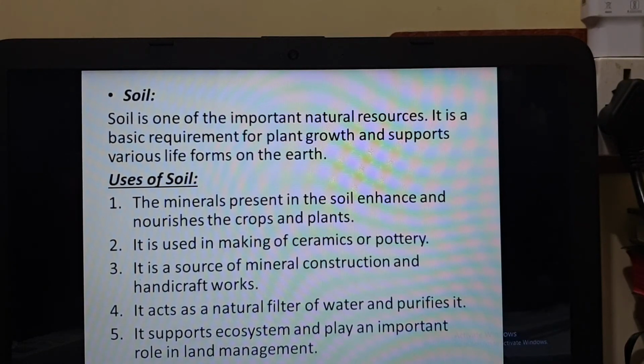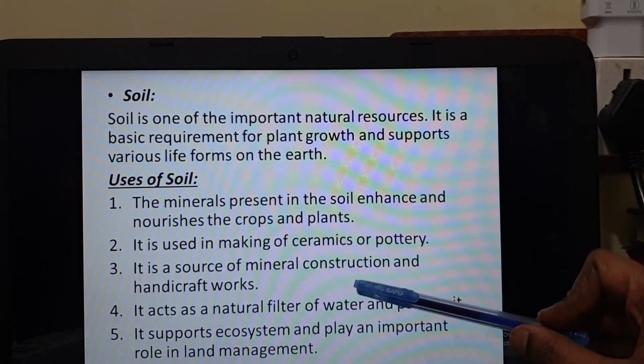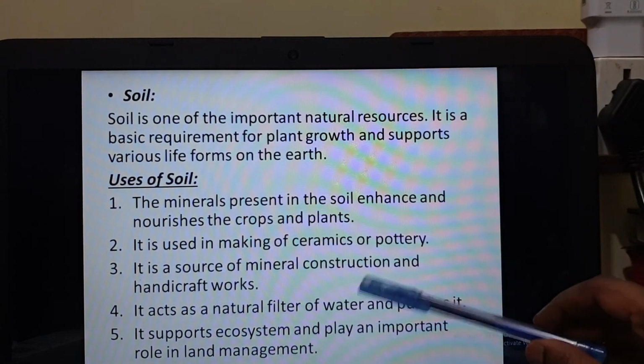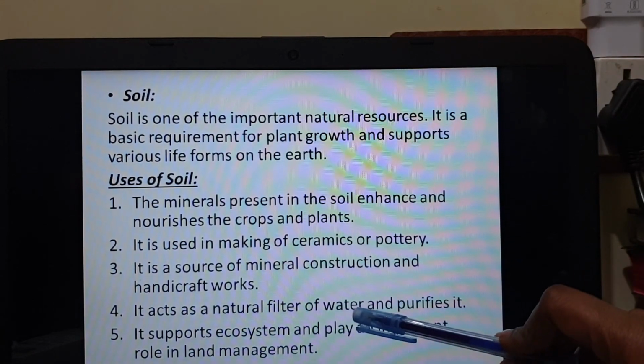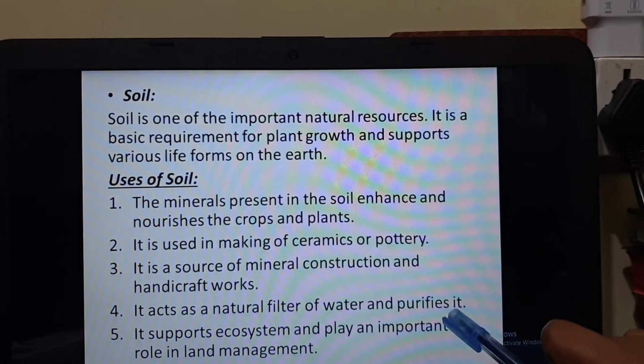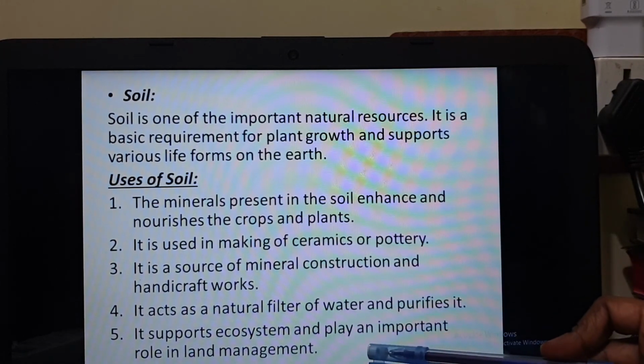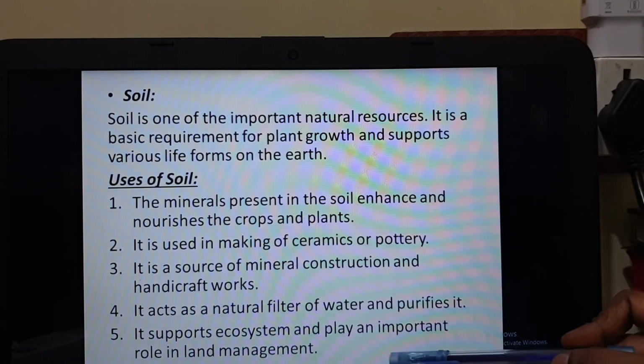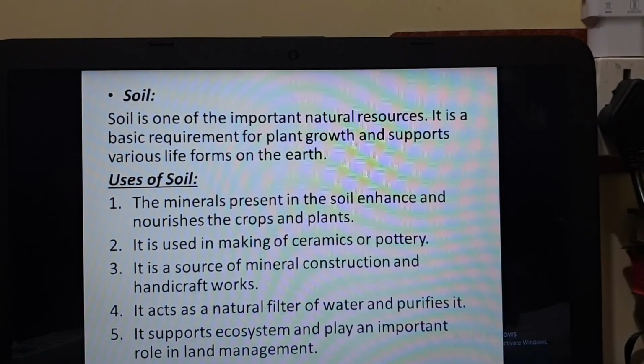Due to the minerals present in the soil, it gives more nutrients for the crops to grow well as plants. Second one, it is used in making ceramics or pottery. Third one, it is a source of mineral, construction and handicraft works. It acts as a natural filter of water and purifies it. It supports the ecosystem and plays an important role in land management.